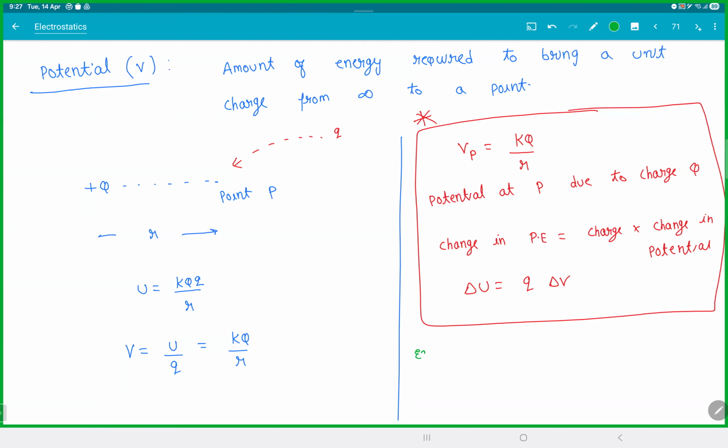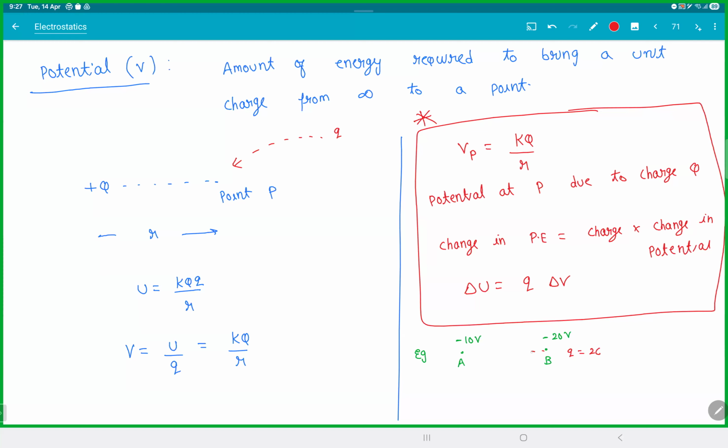Example, let's say at point A, the potential is minus 10 volt. At point B, the potential is minus 20 volt, right? And you're taking, let's say, a charge Q, which is 2 coulombs.